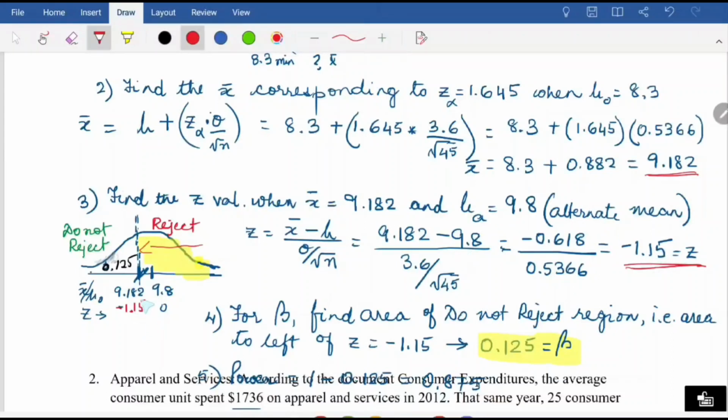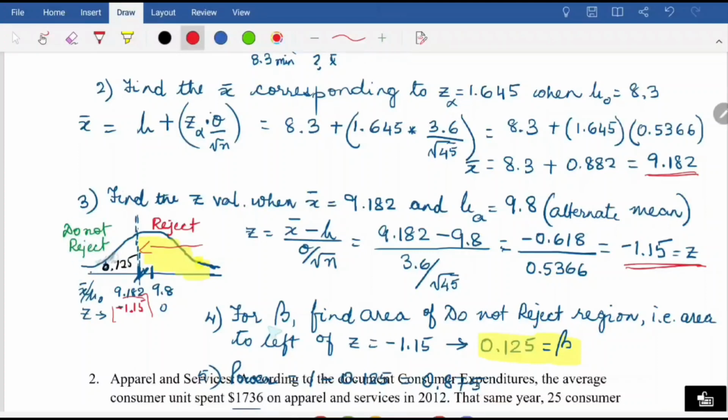So now that we have our new z value of negative 1.15, we have to find the area of the do not reject region, because remember we are finding beta. And what is beta? Beta is the do not reject region.